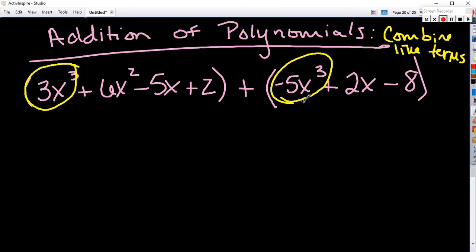What is 3x cubed and negative 5x cubed? Negative 2x to the third. I'm done with that one, so I'm going to mark it out. What's next? Do I have any powers of 2? Look at this one. I just have that 1, so if it doesn't have one to add to it, then I'm just going to write it.